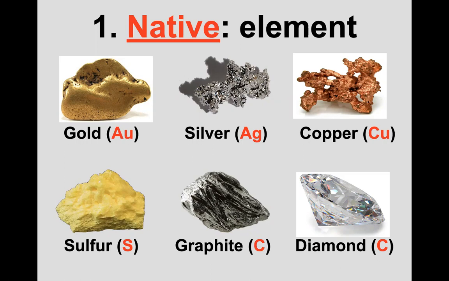Here are 6 examples. These are not all of them by any stretch, but some of the more well-known native minerals. Anytime you see something with a formula of just one element, you know that it's a native mineral.